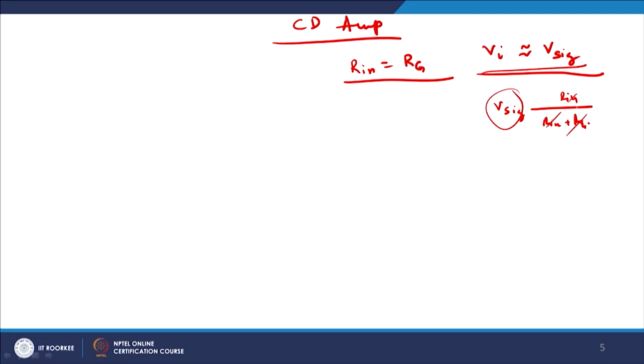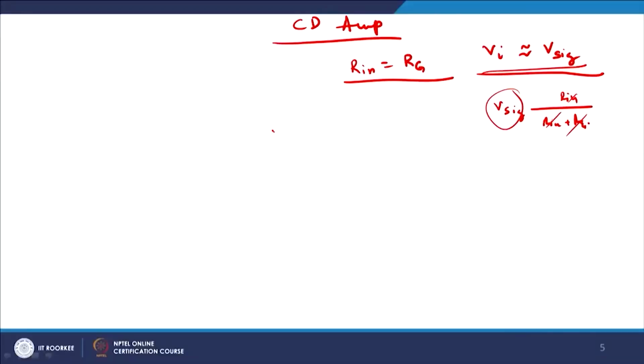So, under the condition that your input impedance is relatively very high, I automatically get my Vi equal to V sig. Whatever V sig you are giving, say you are giving a 2 volt supply, 2 volt will appear across the gate of the MOS device. With this knowledge, I can write down Vi equals to V sig times Rg upon Rg plus R sig.